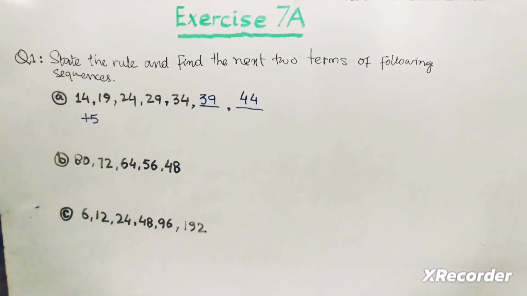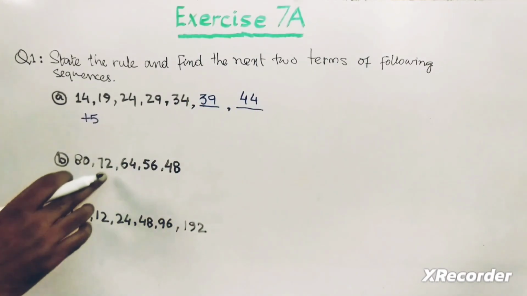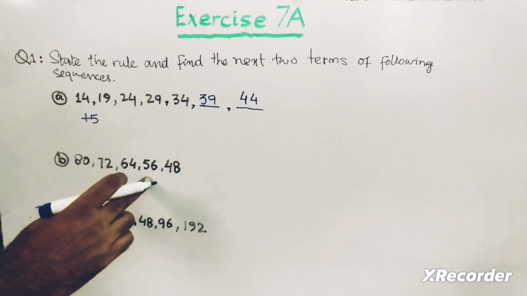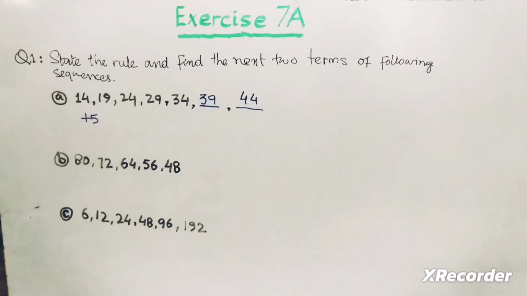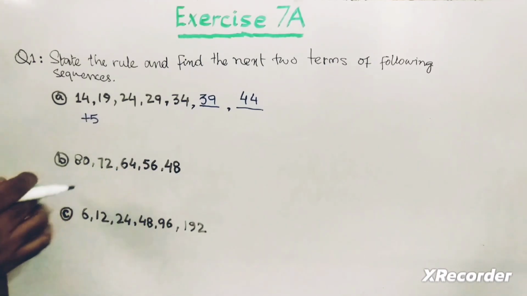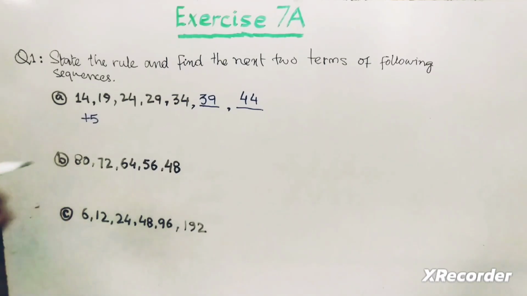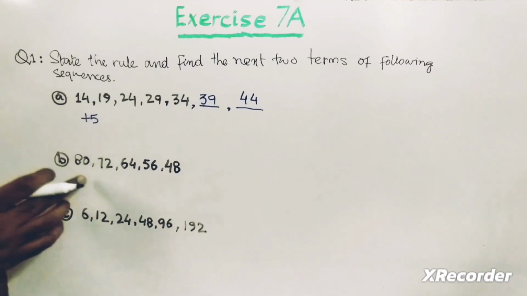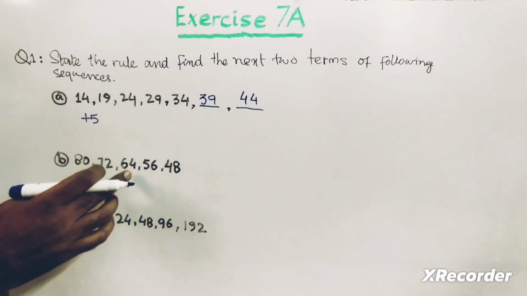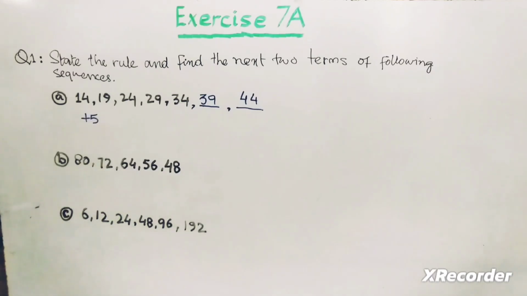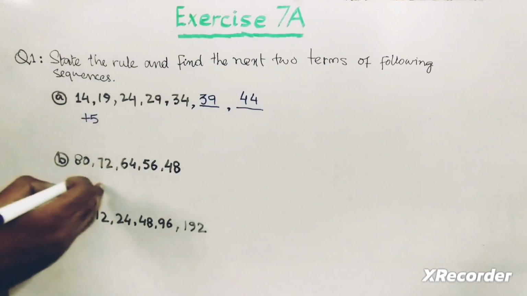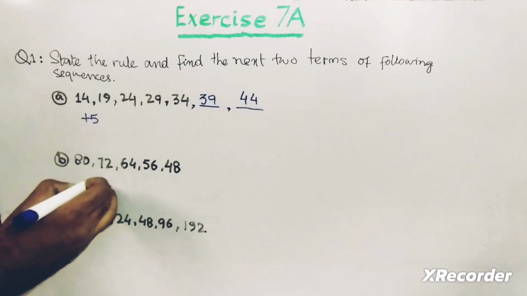Moving towards the second part, 80, 72, 64, 56, 48. Now if we see closely, the difference between the second term and first term is minus 8. Then the difference between the third term and second term is also minus 8. So what will be the rule? Minus 8.